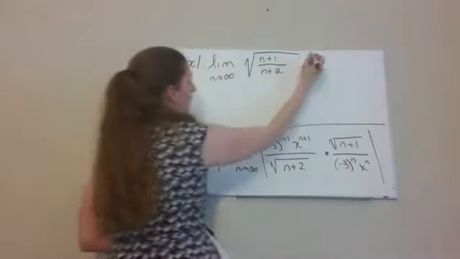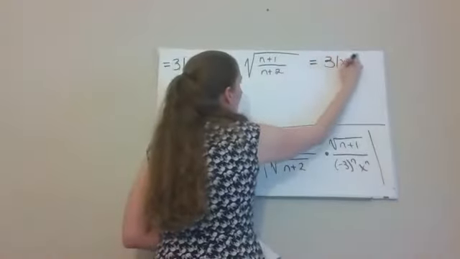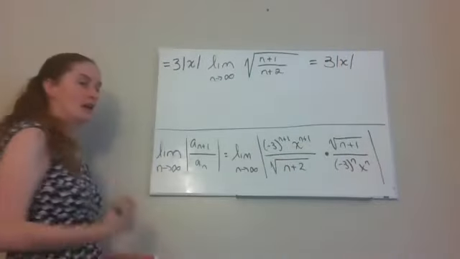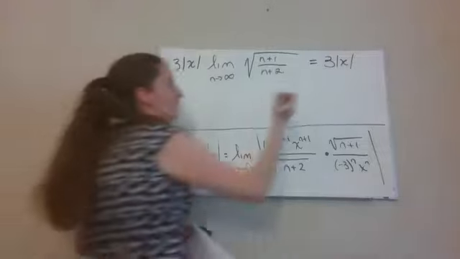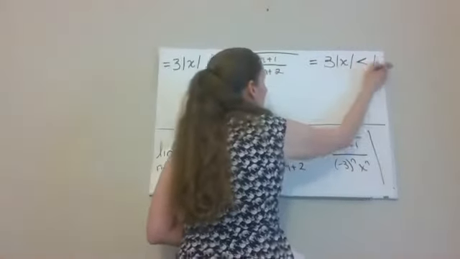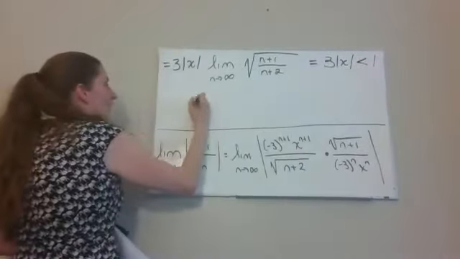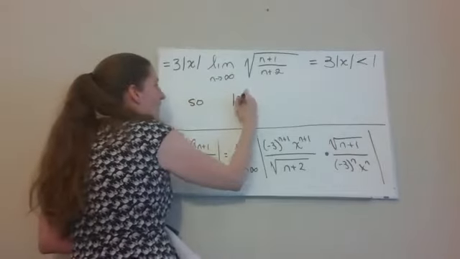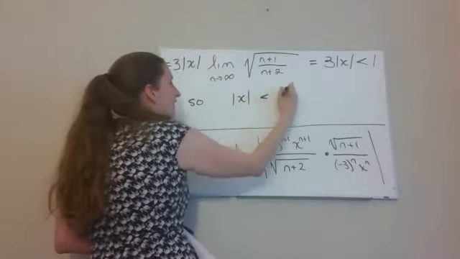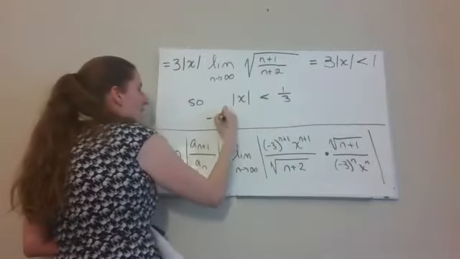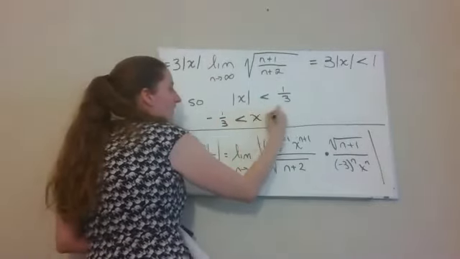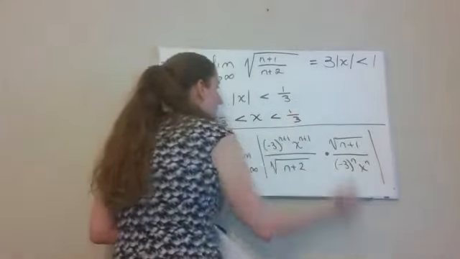So my actual answer is 3 absolute value of x. In order for this to converge, we want 3 absolute value of x to be less than 1. So if I solve that, we get absolute value of x is less than 1/3. And that means that negative 1/3 is less than x is less than 1/3.